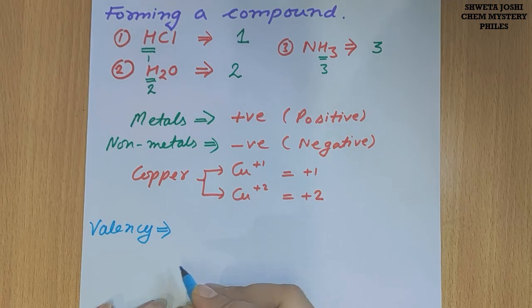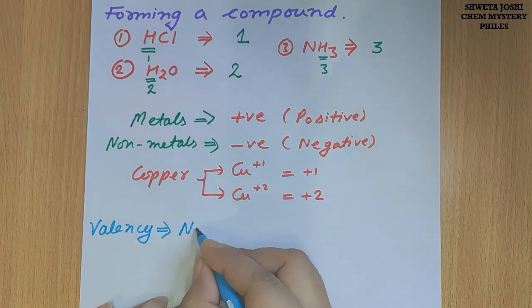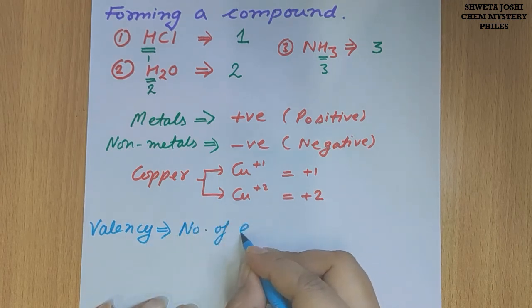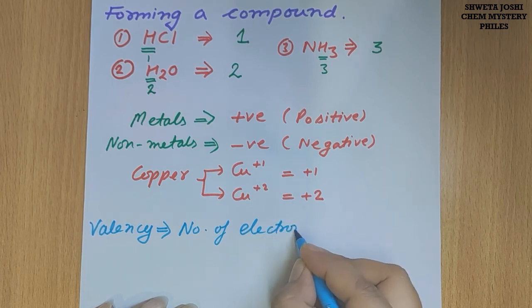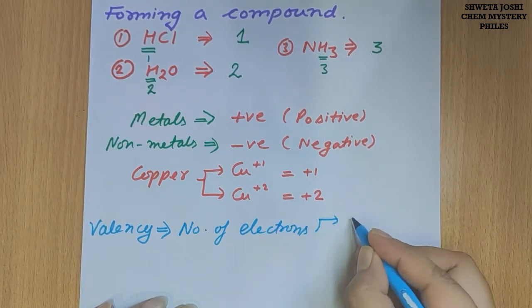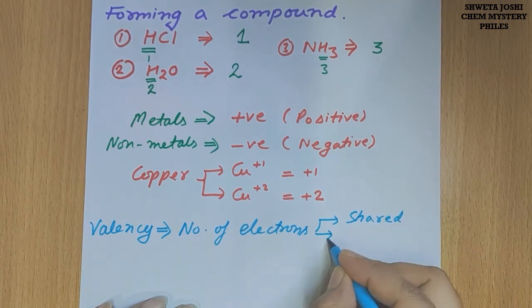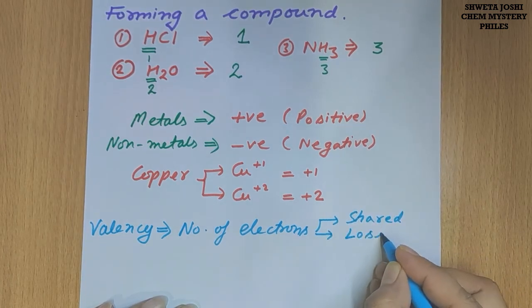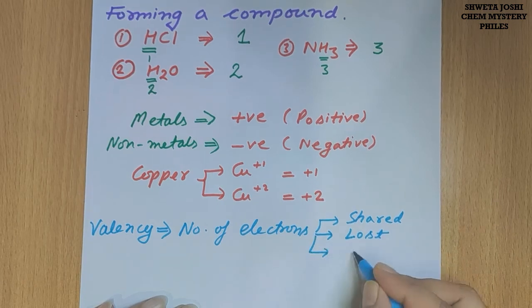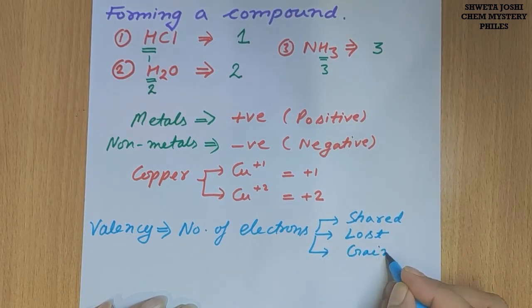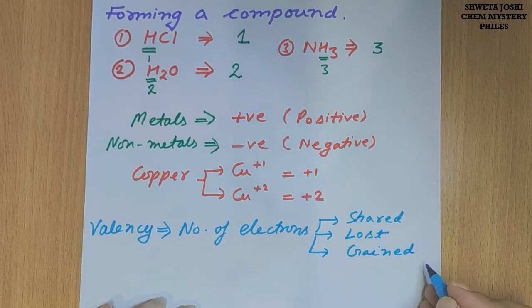In general terms, valency is the number of electrons shared or lost or gained during the formation of the bond.